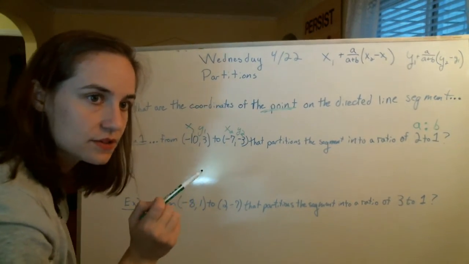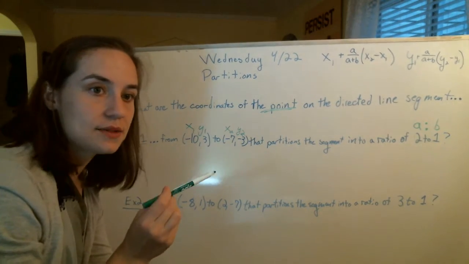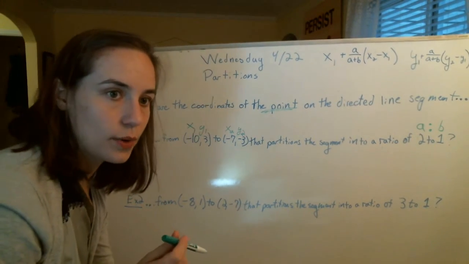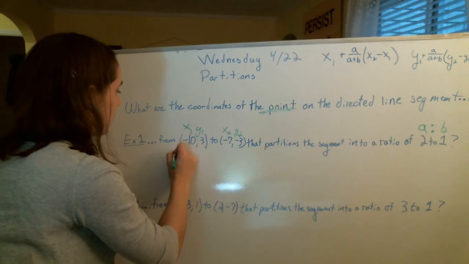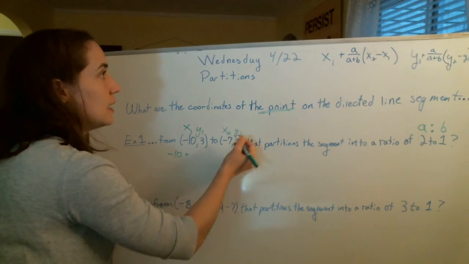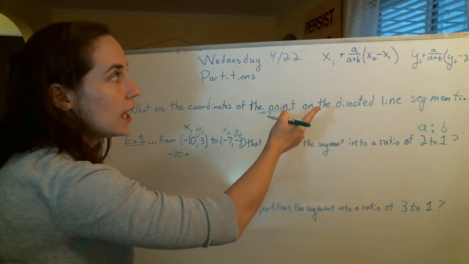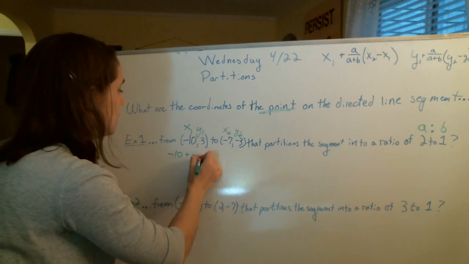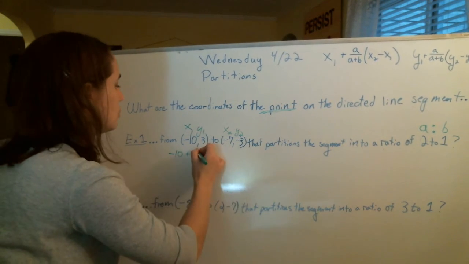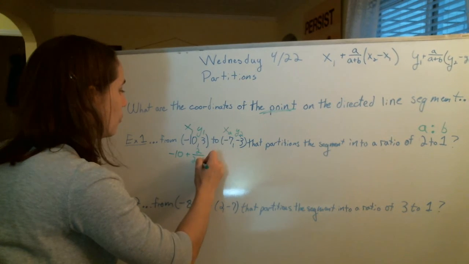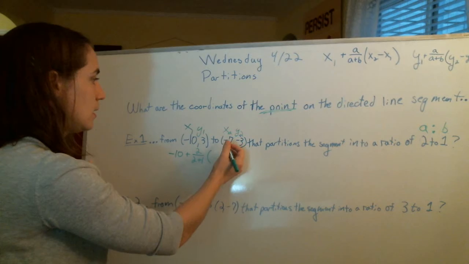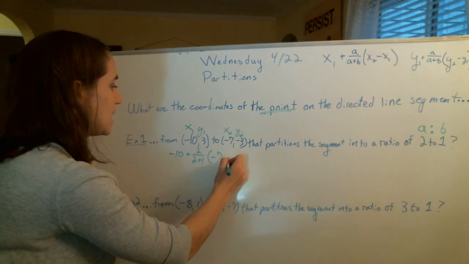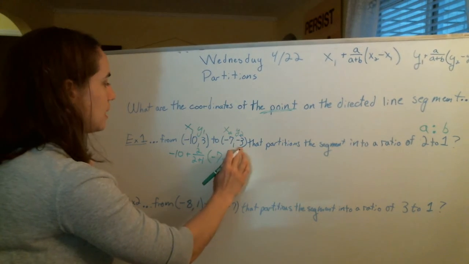Now the key here is you have to do it twice. Once for the x's and once for the y's. So let's start with x's. X sub 1, negative 10, plus, okay, a over a plus b. So a is 2 over 2 plus 1 times, we're going to do x2, negative 7 minus negative 10.